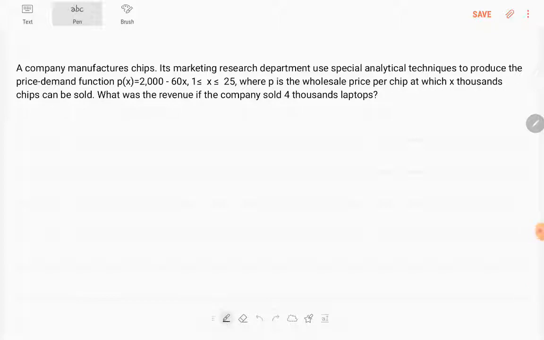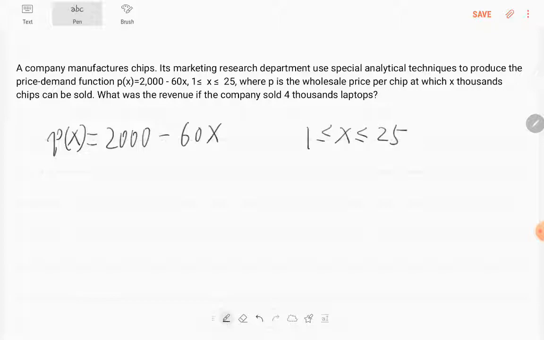Its marketing research department uses special analytical techniques to produce the price demand function, which is given by p of x equals 2000 minus 60 times x, where x is greater than or equal to 1 and less than or equal to 25. So here p is the wholesale price per chip, and x thousand chips can be sold. Okay, so this is the price demand function.